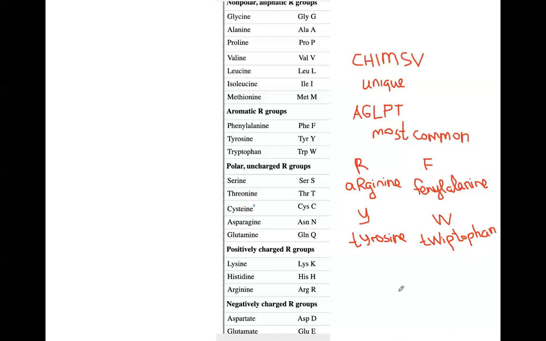So there's D. D would be aspartic acid. Then N. You might have found N, right?